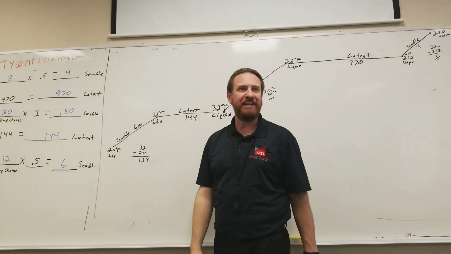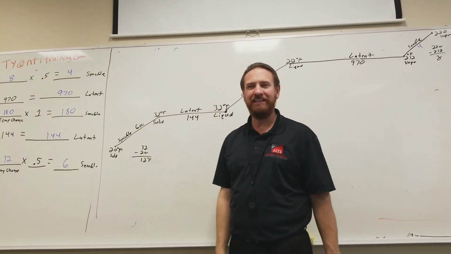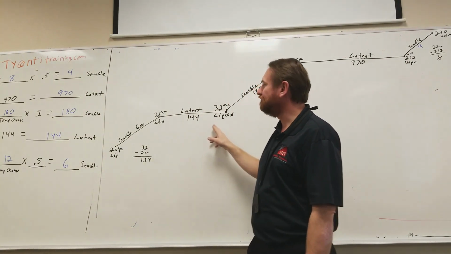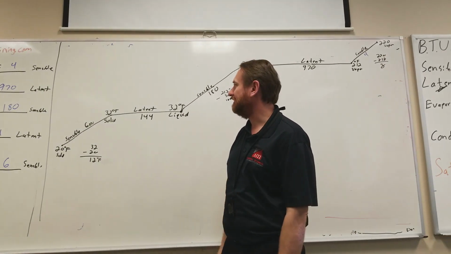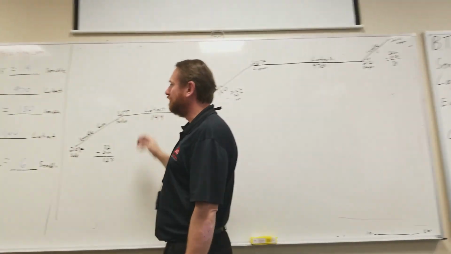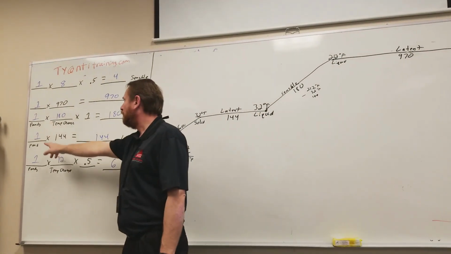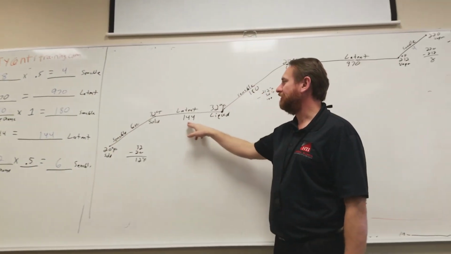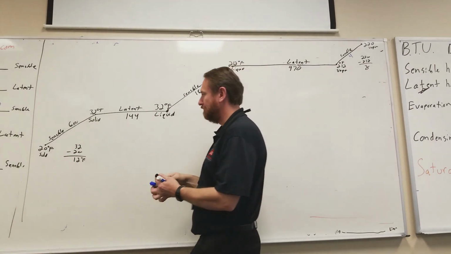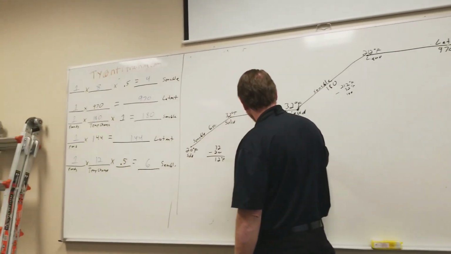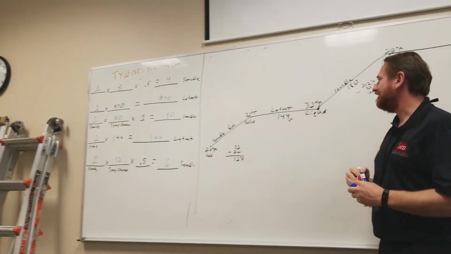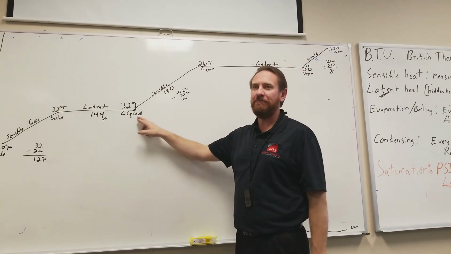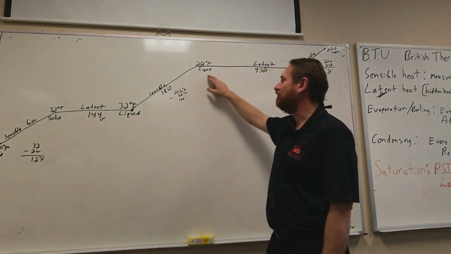But now I have to melt that ice. This is the magic of latent heat. So it takes 144 to melt it. So I got to put 144 BTUs in there. So 1 pound of ice times 144 is 144 BTUs. There's 144 BTUs. Put a little note here, BTU. But now it's 32 degree liquid, so I take it from 32 liquid to 212 liquid.